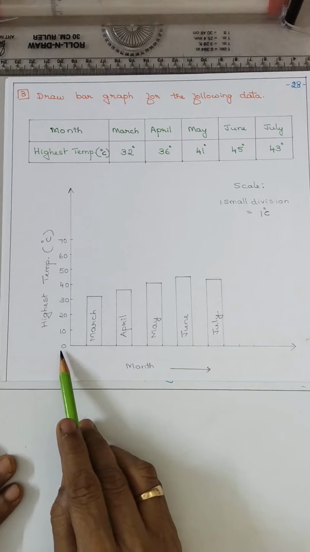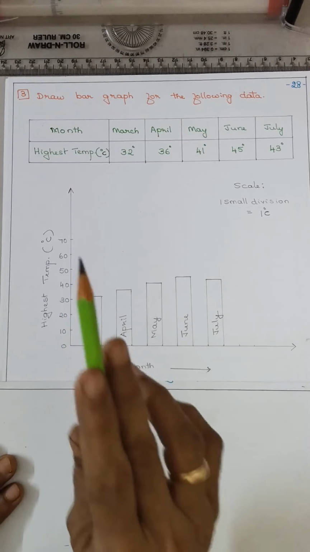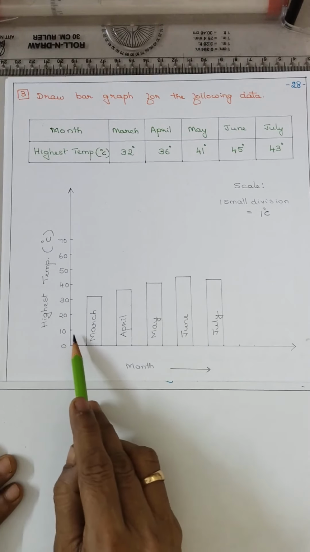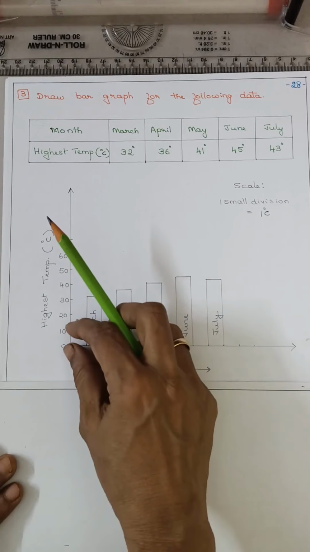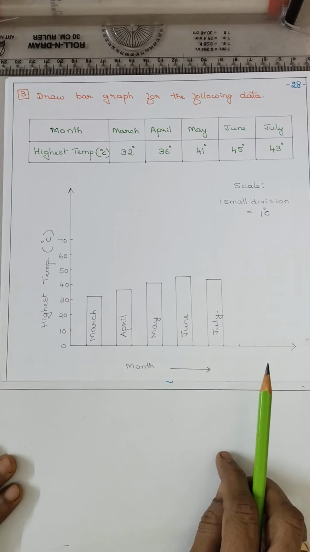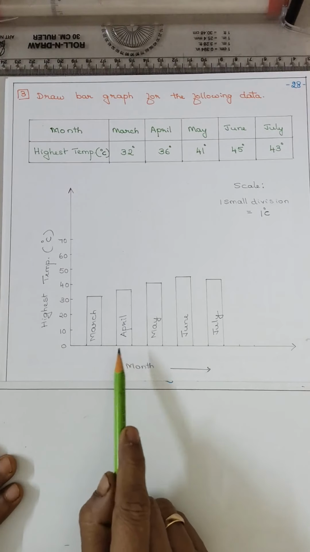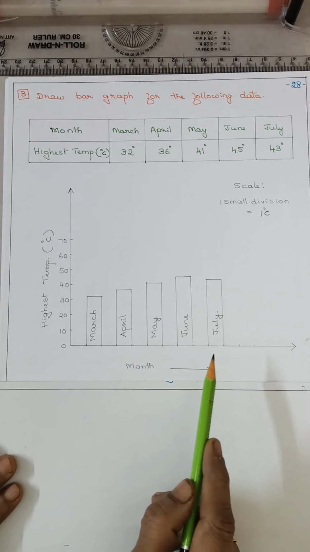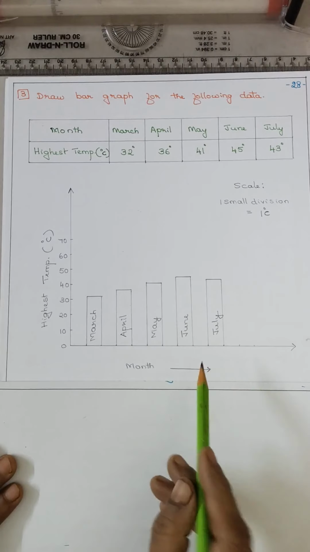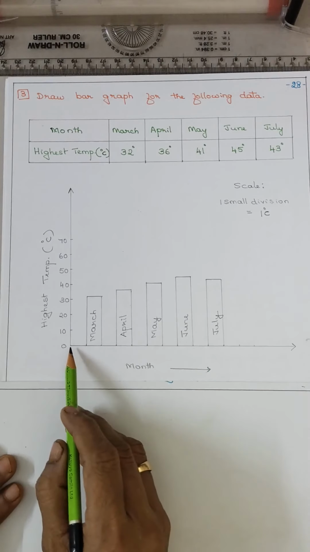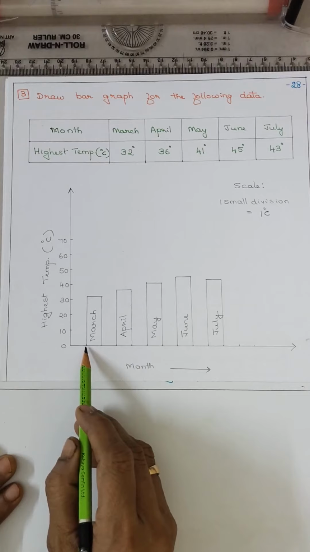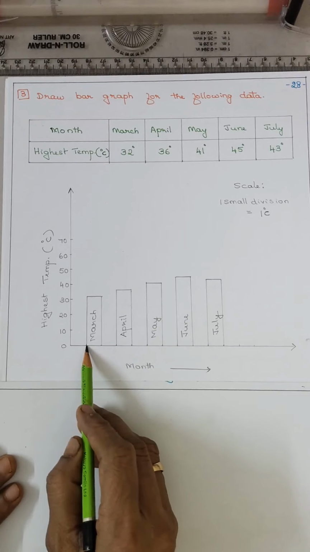So if you take 0, 10, 20, 30, because 10 small divisions are there within this 1 unit, isn't it? 1 centimeter gap. So here also mark the 1 centimeter gap. Darken it. Now leave 1 centimeter gap and start the line.